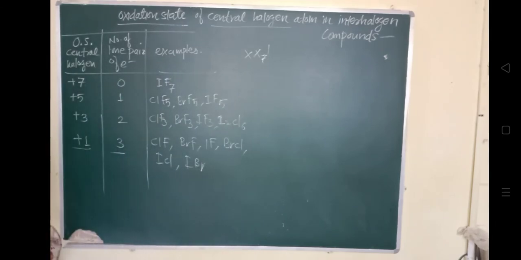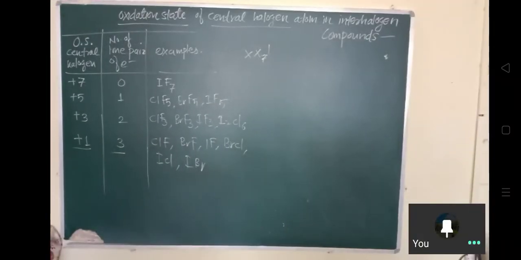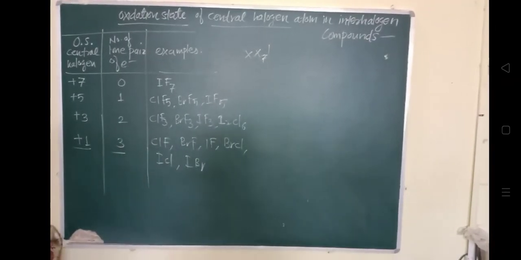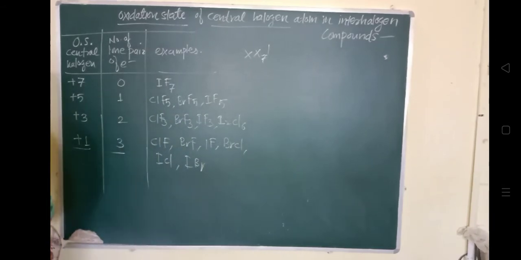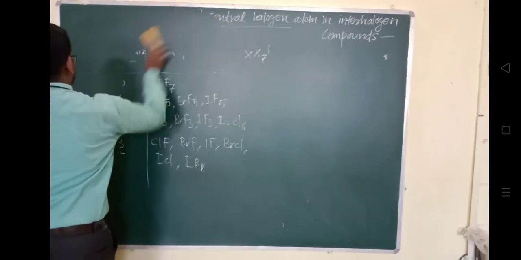We'll discuss the compounds formed by this group 18 element, xenon. You know very well that xenon is a group 18 element, an inert element.